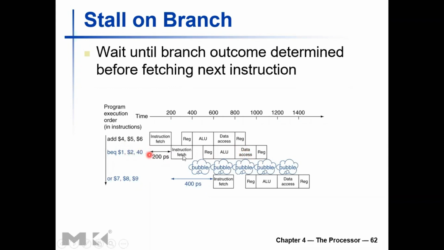If we do it in the normal way, we have to wait until the ALU is done before we can modify the program counter and fetch the next instruction. Then we have to wait 2 clock cycles, so 2 bubbles, 2 stalls in the pipeline, if we use the ALU to compute the branch condition.